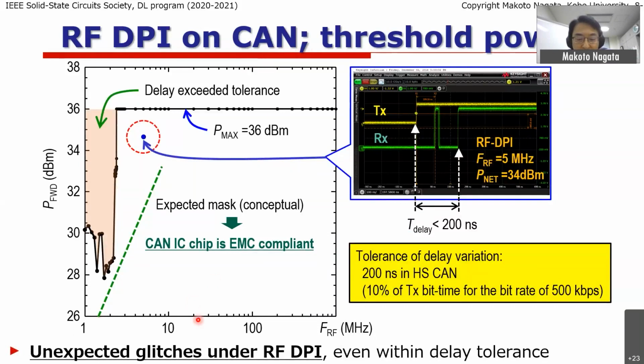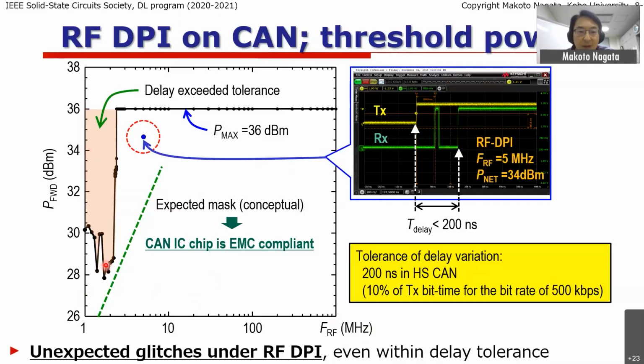The horizontal axis gives you the RF frequency, and the vertical axis gives you the level of the power of the injection into the CAN in a specific DPI measurement setup. And obviously, if you put big power onto the CAN transceiver, something will happen.